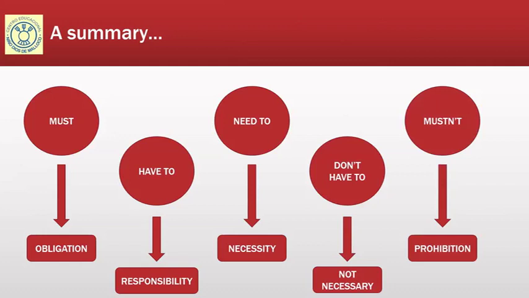Okay? So these are the 5 modal verbs that we have checked so far. Must, obligation. Have to, responsibility. Need to, necessity. Don't have to, not necessary. And mustn't, prohibition. All right? All of these thinking about a nurse job.